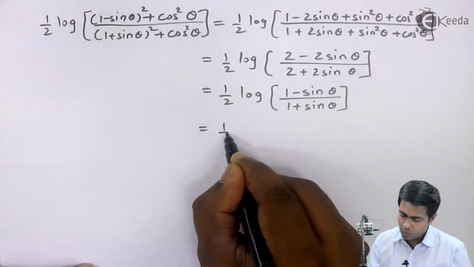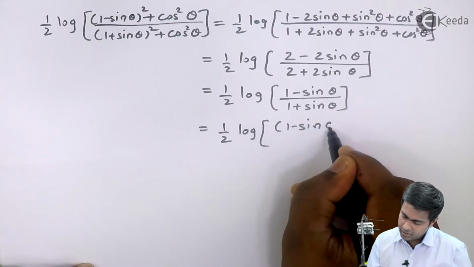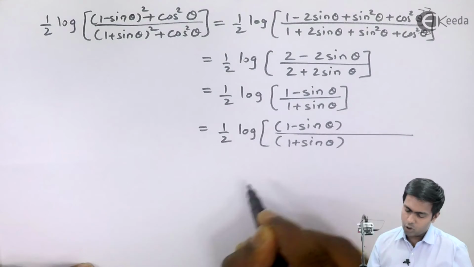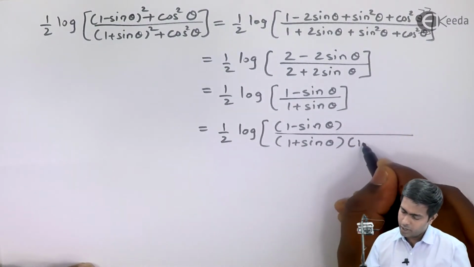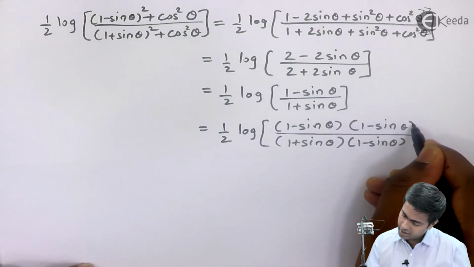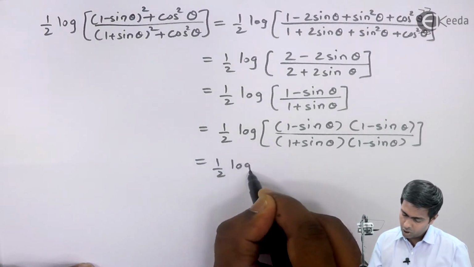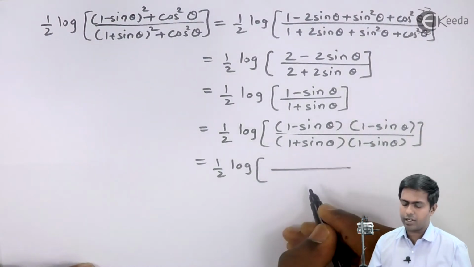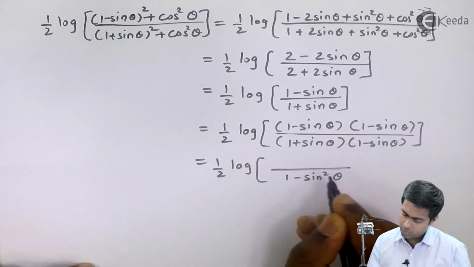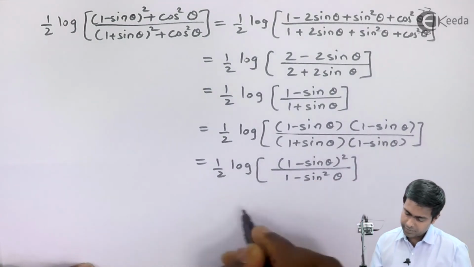So this will become 1 by 2 log of 1 minus sin theta and 1 plus sin theta as it is. The conjugate of denominator is 1 minus sin theta, the same term 1 minus sin theta in the numerator, which will give us 1 by 2 log of, now the denominator will become 1 minus sin square theta and numerator will become 1 minus sin theta the bracket square.